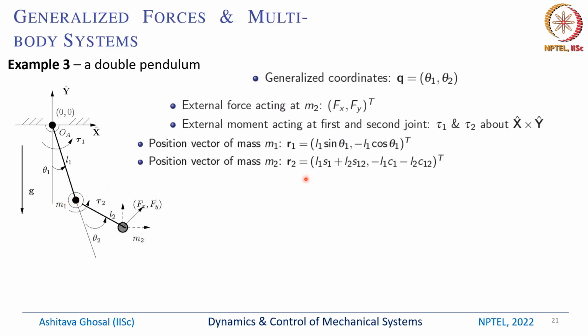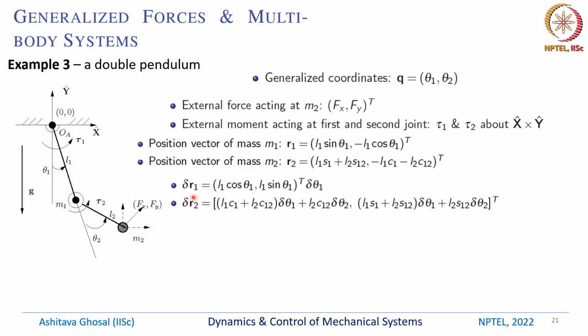Likewise, the position vector of the mass M2 has y coordinate minus L1 cos θ1 minus L2 cos(θ1 + θ2). Again, both are with minus sign. And likewise, the x coordinate will be L1 sin θ1, which is this distance, plus L2 sin(θ1 + θ2), which is this quantity here. So we have the position vectors of both these masses, R1 and R2.